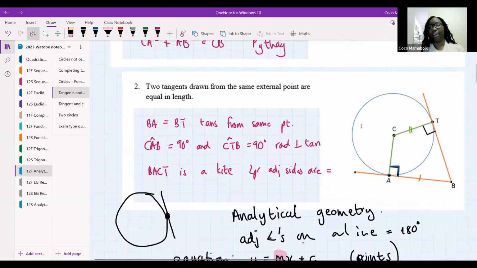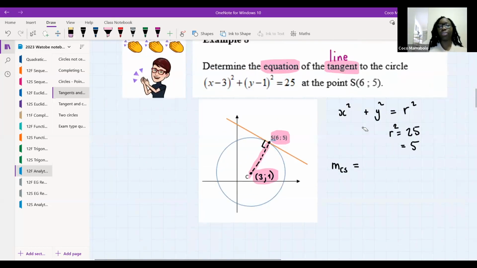So if we have the gradient of the radius, which is what we're about to calculate, we can multiply it with the gradient of the tangent, and together they must equal -1.